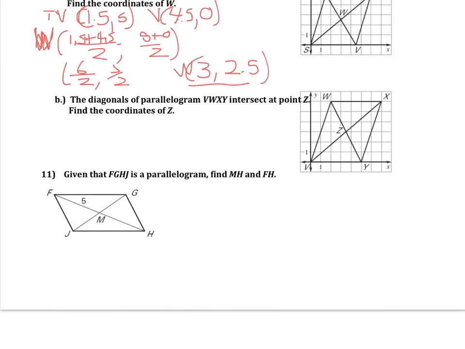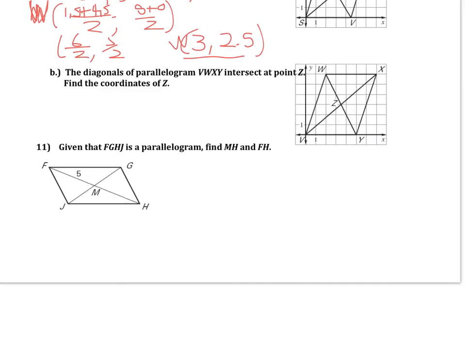For the next one, the diagonals of the parallelogram in part B, they intersect at point Z. I'm going to use X and V this time. X is 7, 6. V is 0, 0. So I'd have 7 plus 0 over 2, 6 plus 0 over 2. I get 3.5, 3.